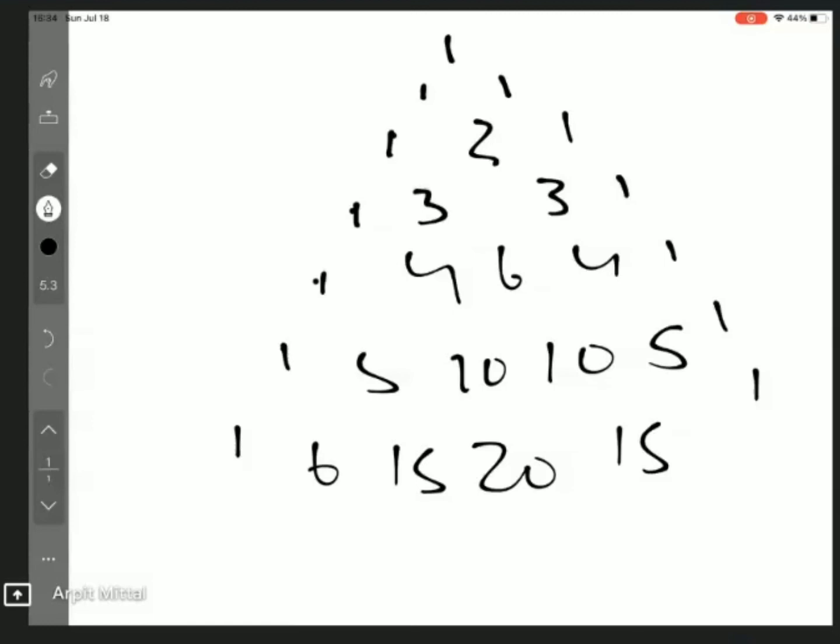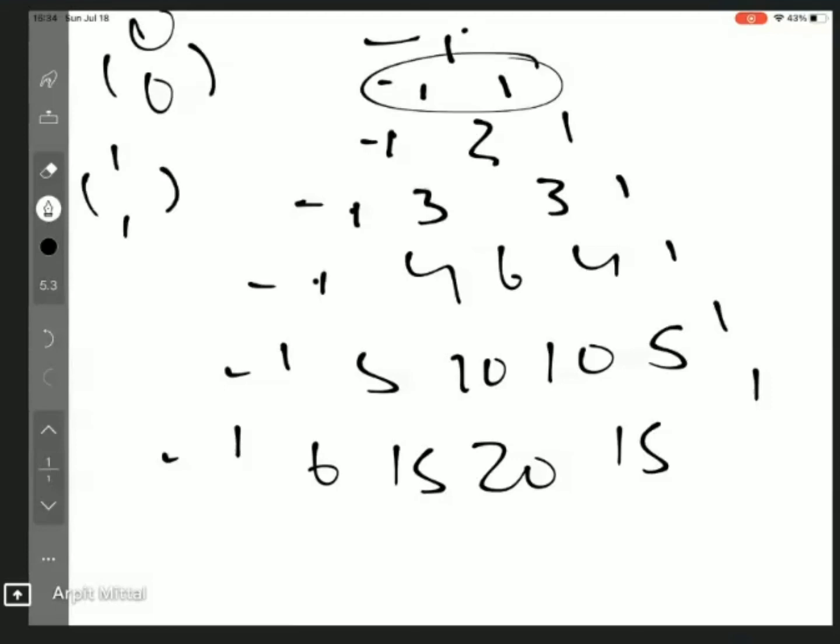If we let this row over here be row 0, then row 1, row 2, row 3, row 4, row 5, row 6, we can write each element of Pascal's triangle as follows. This over here is 0 choose 0. The elements in this row are 1 choose 0 and 1 choose 1. The elements in this row are 2 choose 0, 2 choose 1, and 2 choose 2.